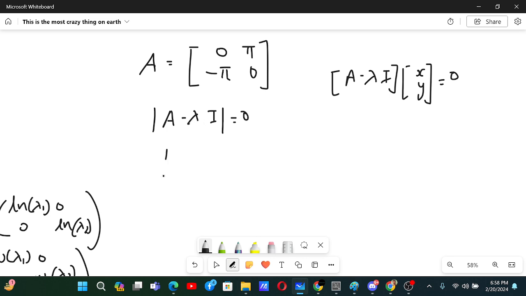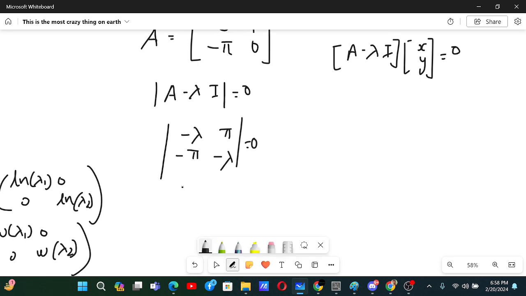Now to solve this determinant, minus lambda, pi, minus pi, minus lambda equals 0. Now this is just lambda squared plus pi squared equals 0, so lambda equals plus or minus i pi.